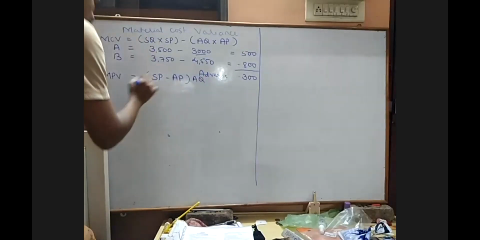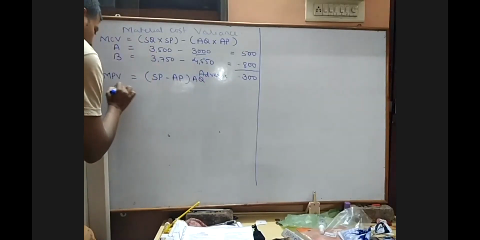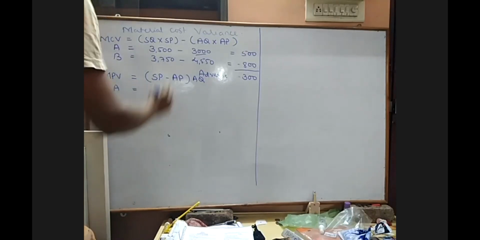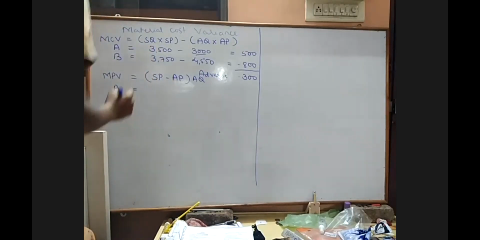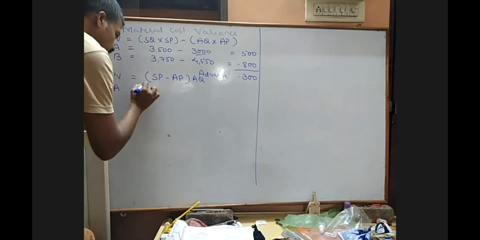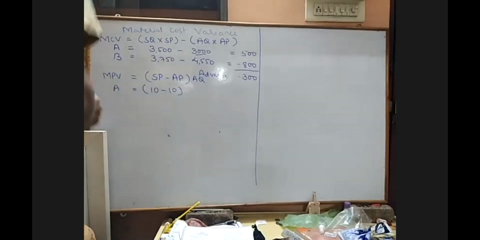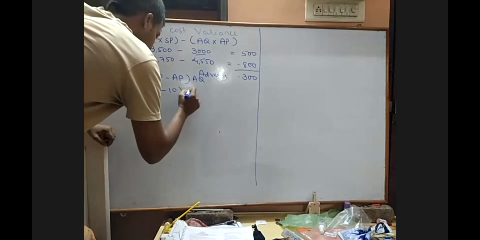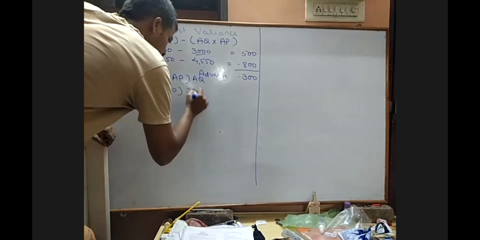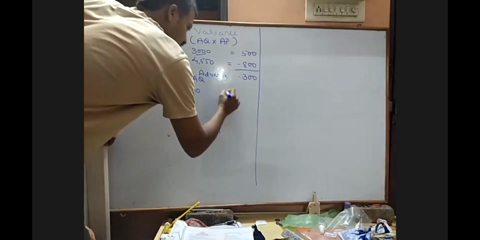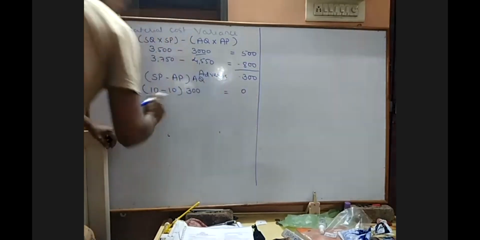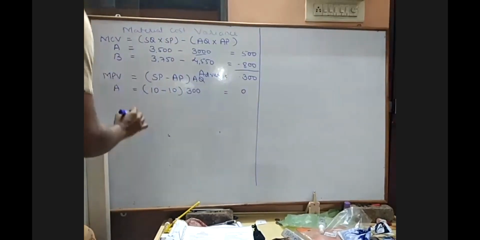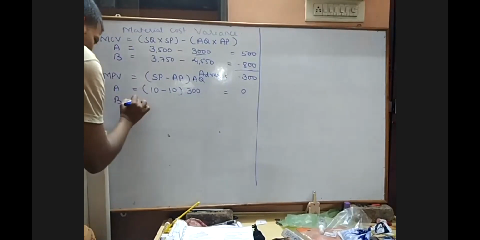So in case of A, the standard price is 10, and 10 minus 10 into the actual quantity, which we know is 300, will give us 0 because 10 minus 10 is 0. So the result will also be 0.